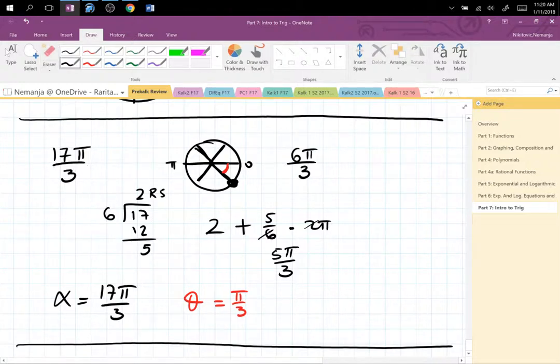So denominator is 3. That means that the pi is cut into 3's. So this is pi over 3, 2 pi over 3, 3 pi over 3, 4 pi over 3, 5 pi over 3, and then 6 pi over 3, which is 2 pi. So you just go counting around. You look at the denominator first, and you go counting around.